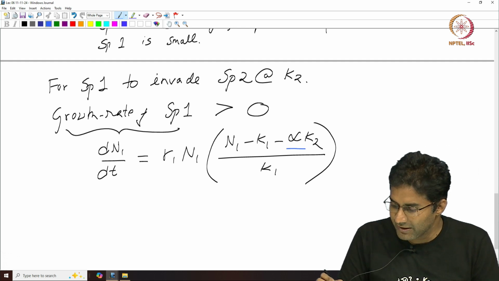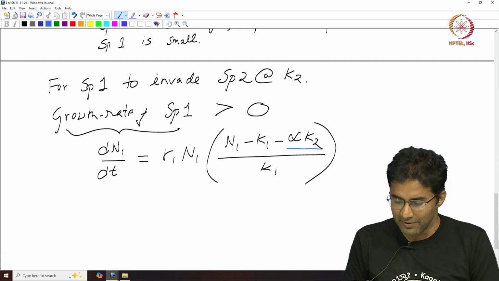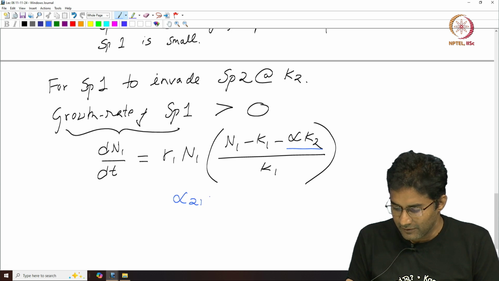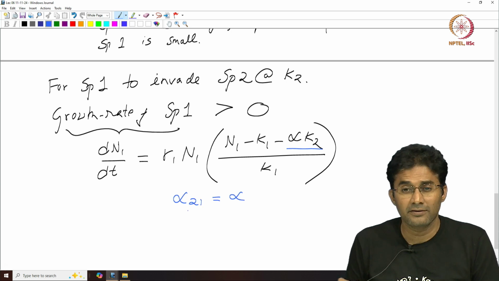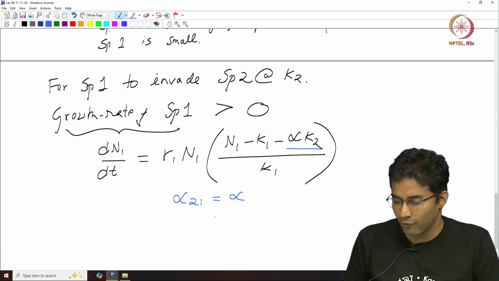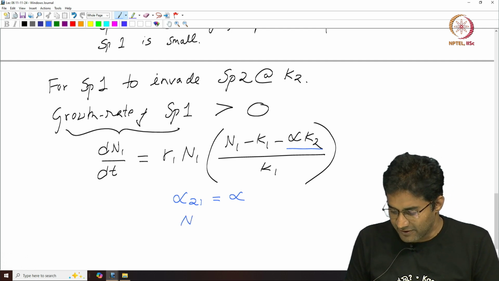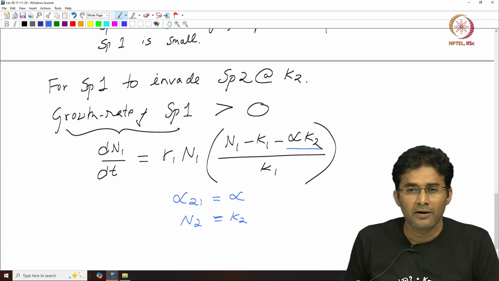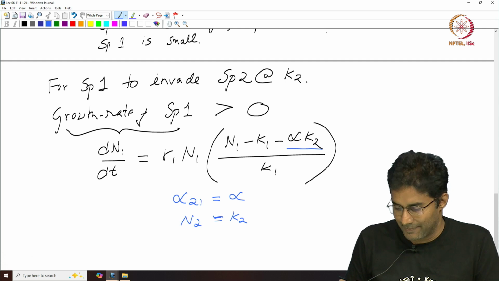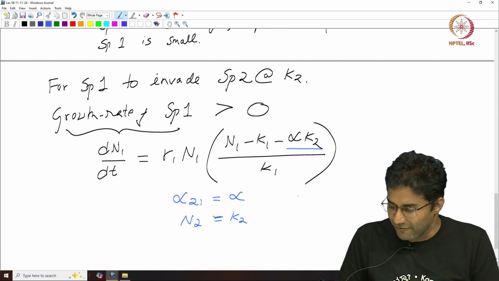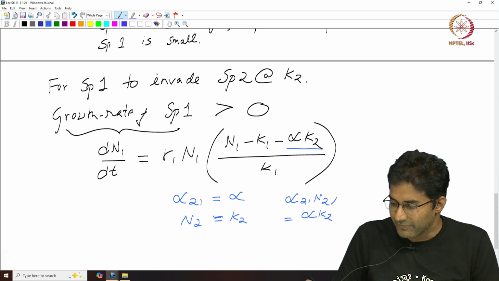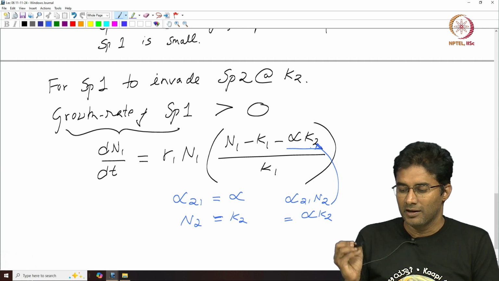Why did I write alpha K2? First, remember that I am using alpha as the notation for the influence of species 2 on 1. Second, species 2 is at its maximum capacity, its own carrying capacity K2. So, I have replaced alpha 21 N2 by alpha K2 in this expression.